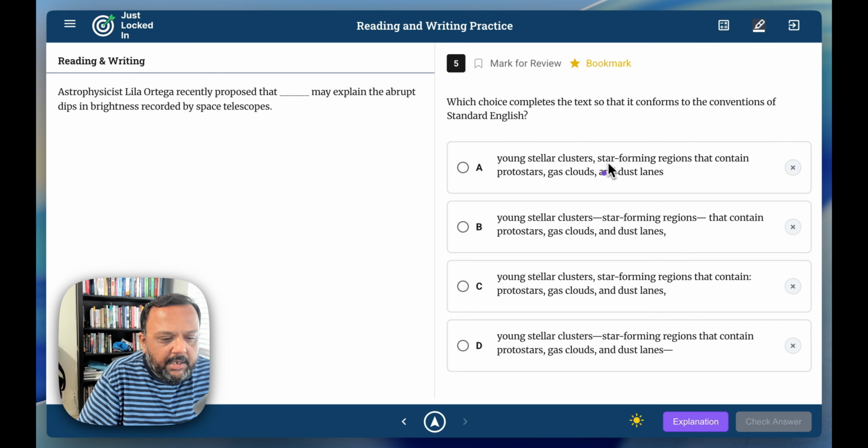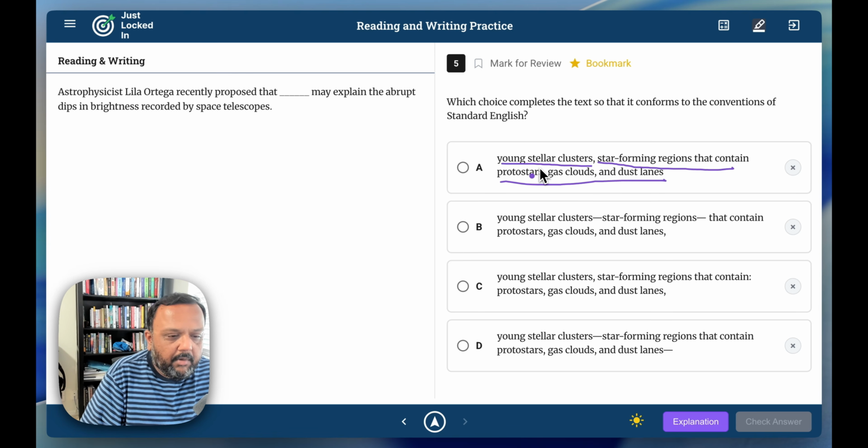So, essentially, this part, the star-forming regions that contain protostars, gas clouds, and dust lanes, actually explains what young stellar clusters are. It tries to define or describe young stellar clusters. It clarifies what they are. It explains that.